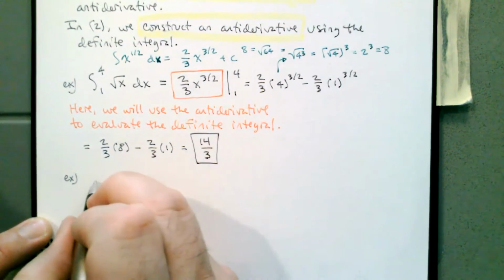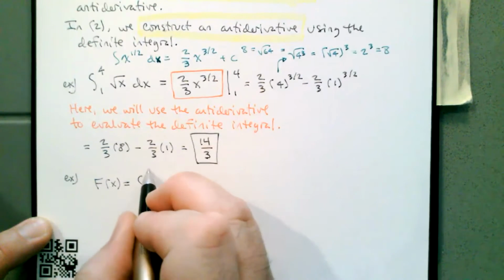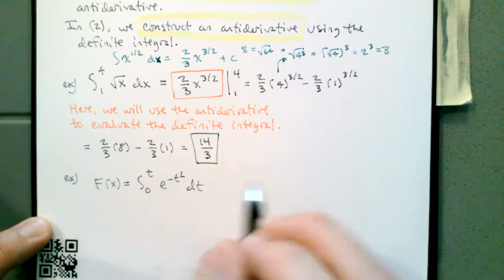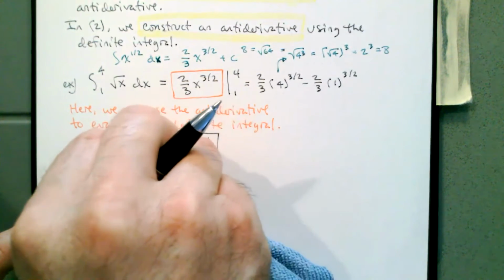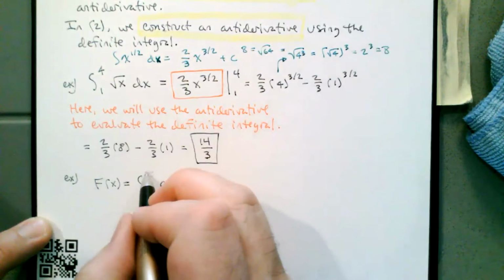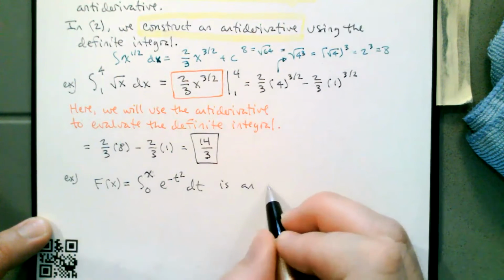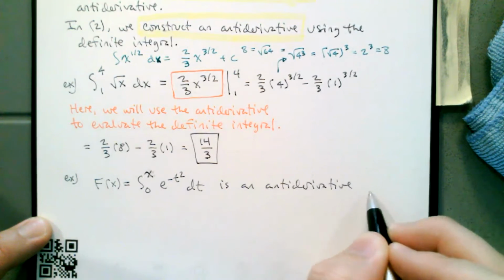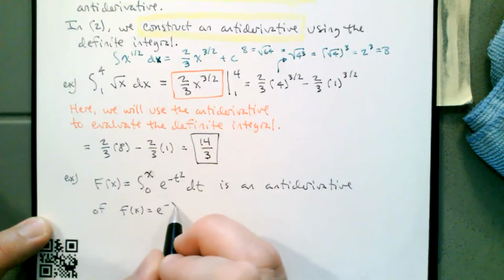So the second part, I can say, well, capital F at x, defined as the integral from 0 to x, not the integral from 0 to t, of e to the minus t squared dt, is an antiderivative of f of x equals e to the minus x squared.